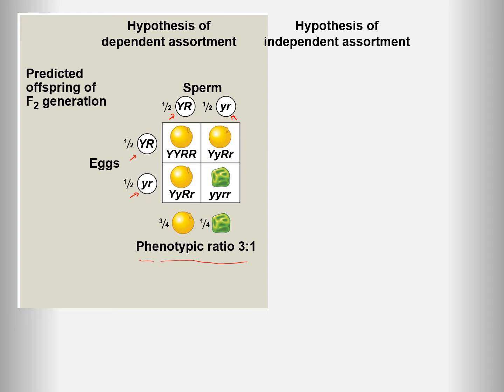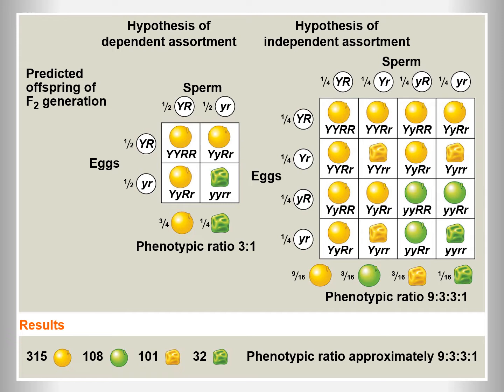If, however, there is no connection, no linkage between the yellow or green and round or wrinkly decision, then each parent can produce 4 possible gametes, which doesn't give you a Punnett square of 4 squares, but gives you one of 16.